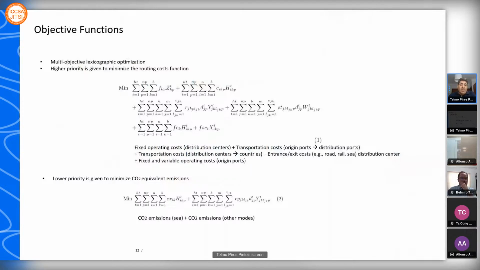Our primary objective, as I said before, is cost minimization, to reduce the total supply chain costs as much as possible. The objective function focuses on minimizing all expenses involved in the supply chain.